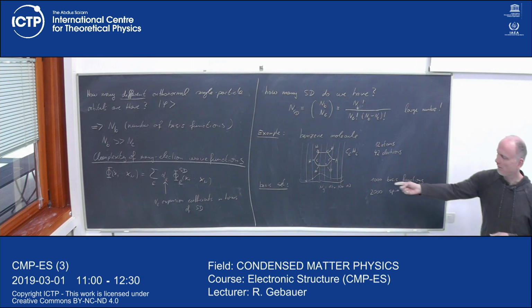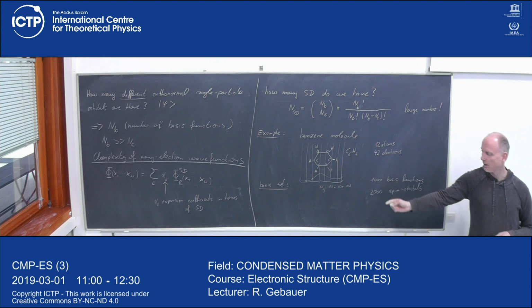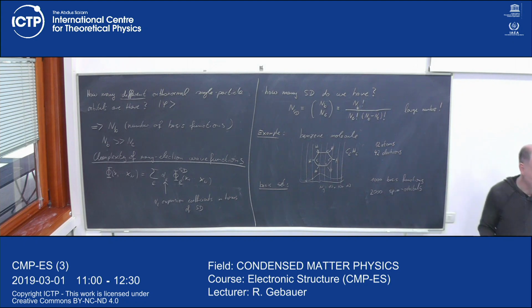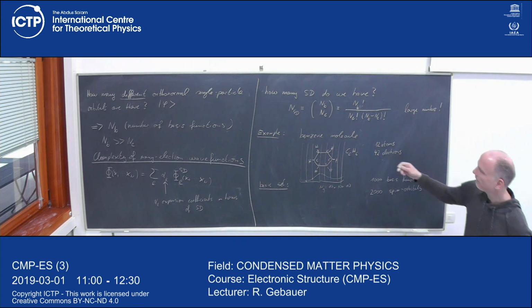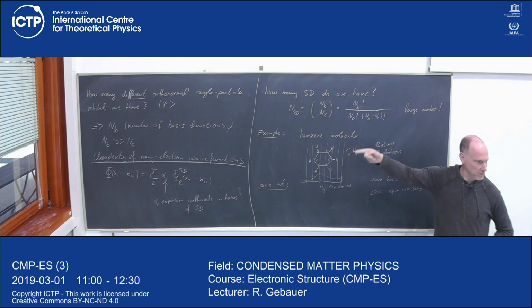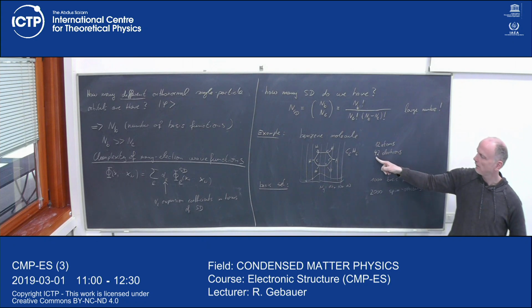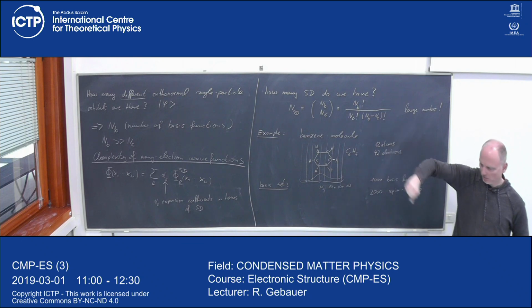Imagine with this, we have 1000 basis functions in space, which means we have 2000 spin orbitals. And we know that there is no magnetism in such an easy molecule, so we have 21 electrons with a spin up, and we will have 21 electrons with a spin down.